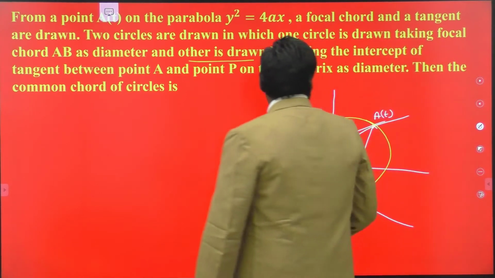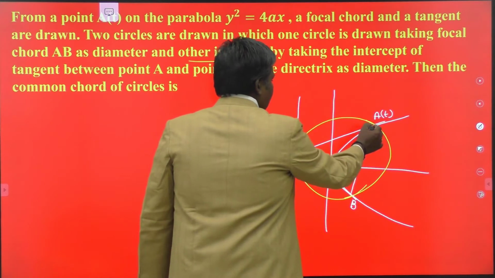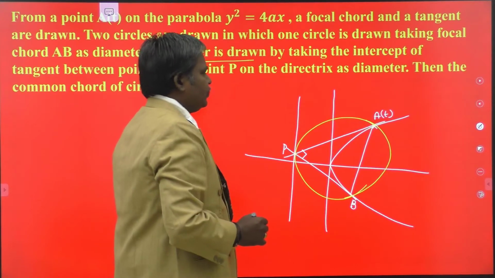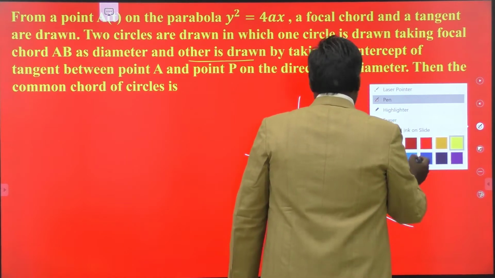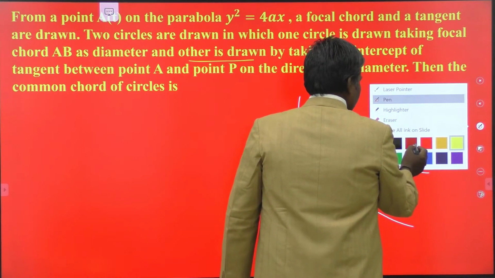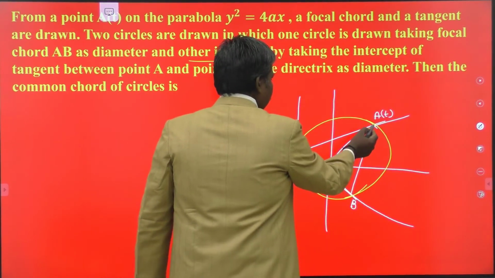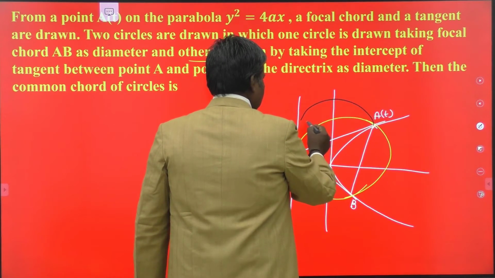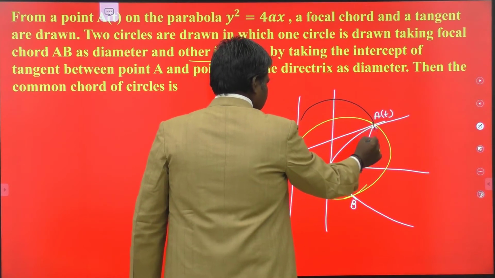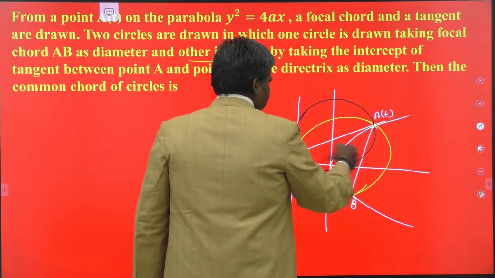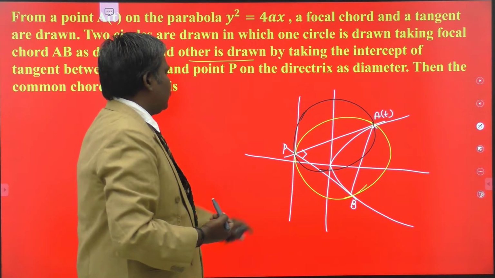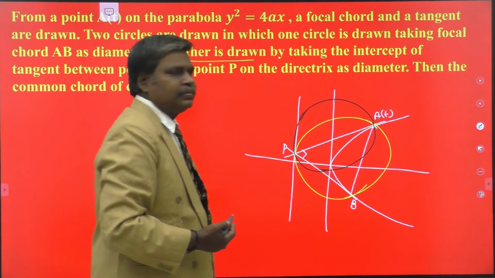So we are constructing another circle on AP as diameter. That is like this. This is the other circle on AP as diameter.